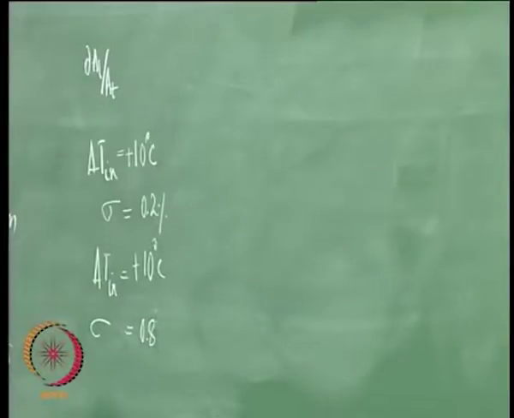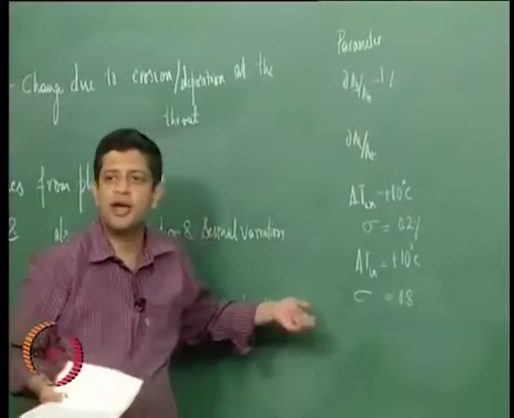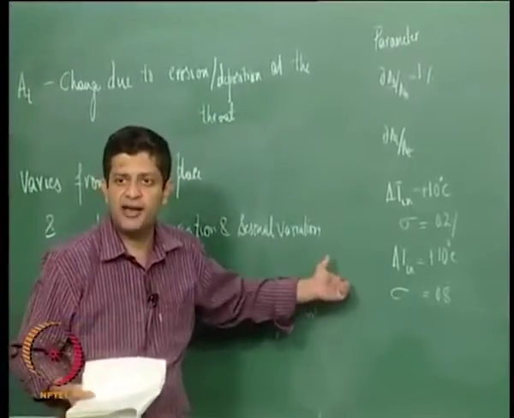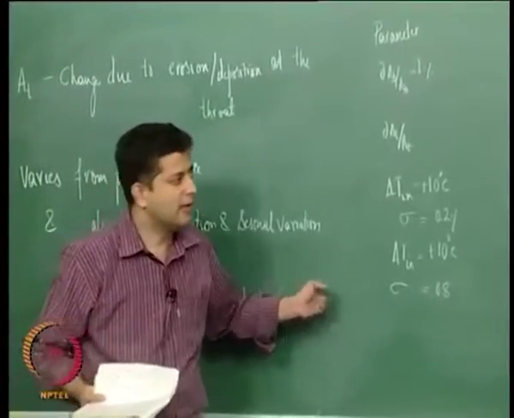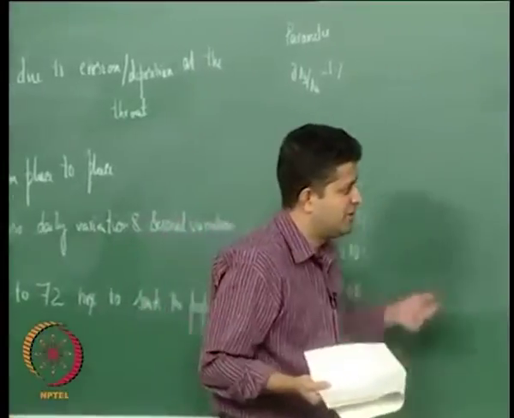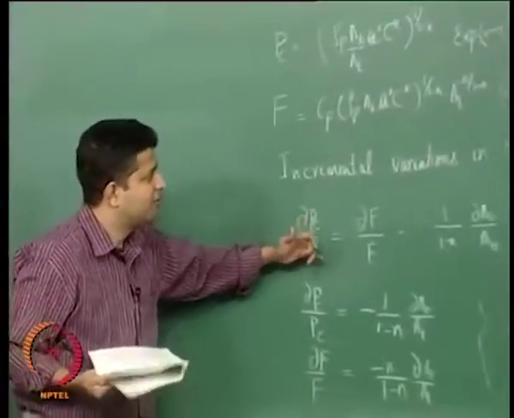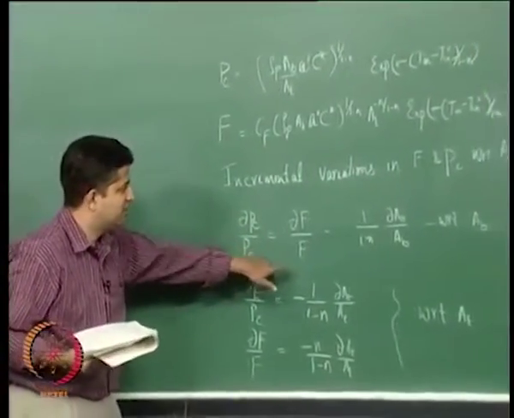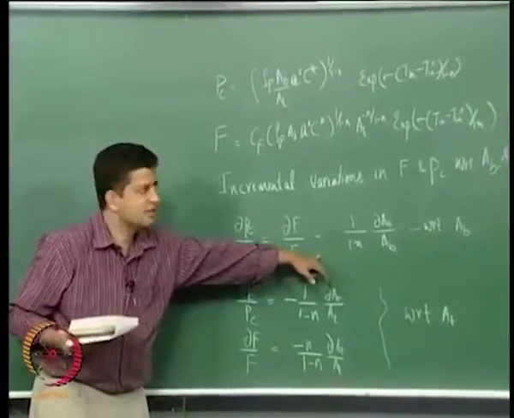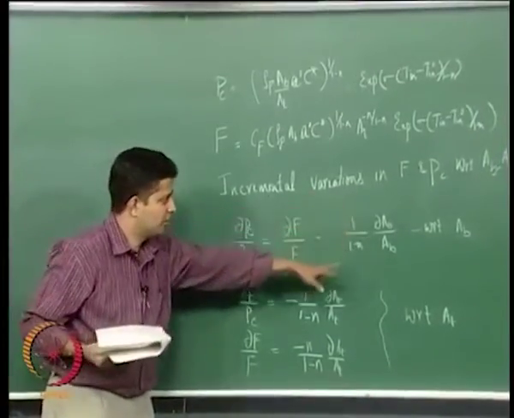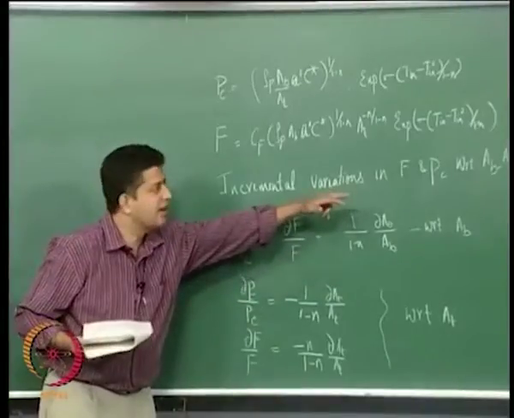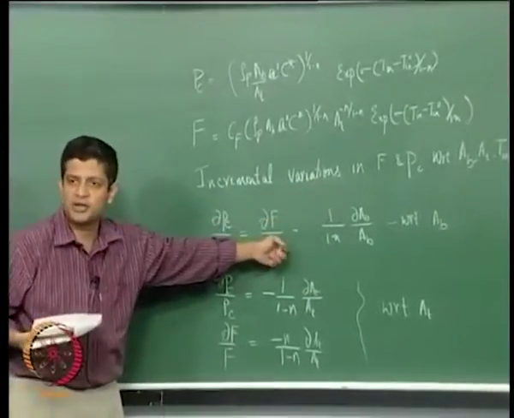I have taken two cases wherein one has a small sigma, one has a large sigma. I will also take, for each one of them, what happens when n is small and when n is large. Just one important thing, if you look at the sign of these incremental changes, both changes to burning surface area and initial temperature have a positive sign.